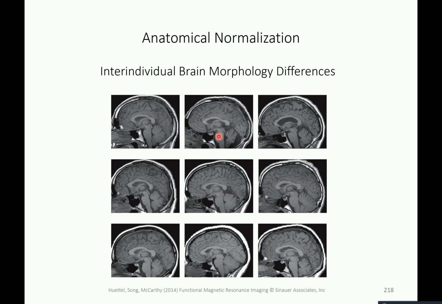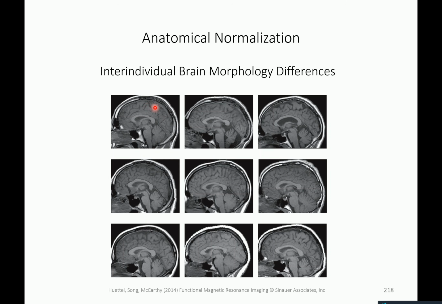Now, the problem is, even if you have these axes defined, if you want to do a group analysis, you still have the case that, of course, people are of different sizes and of different shapes, and this, of course, also applies to their brains.